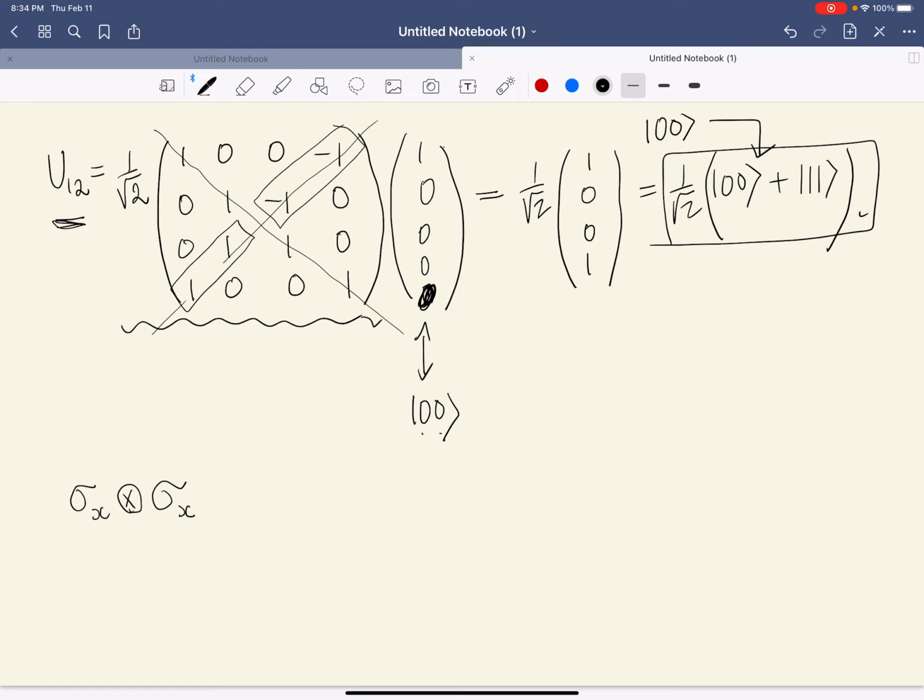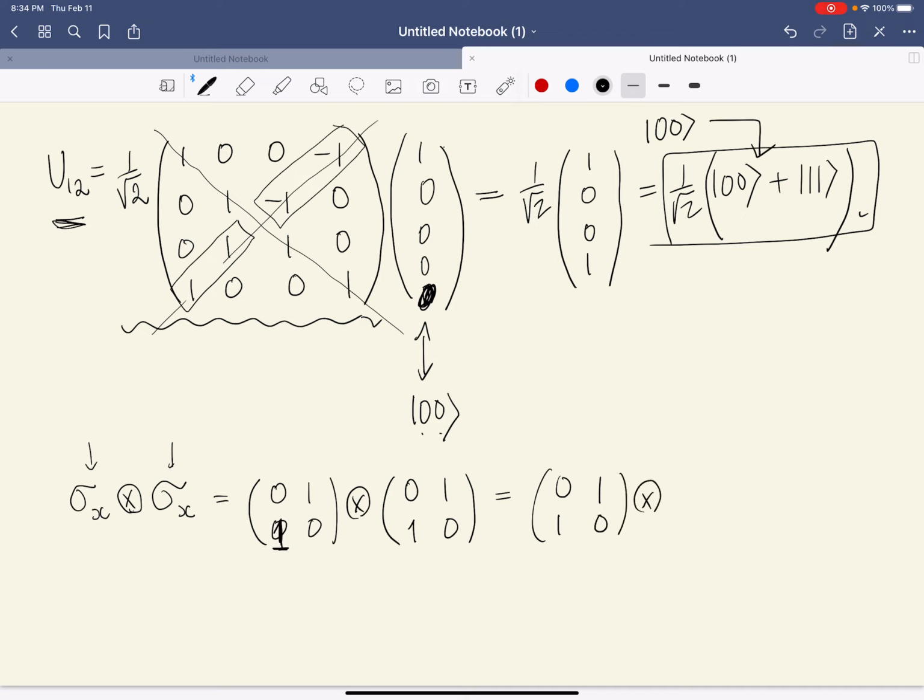So I'm going to think about the tensor product of two Pauli matrices. As you know, each Pauli matrix looks like that. But for simplicity, I'm going to write the second Pauli matrix simply as sigma x.